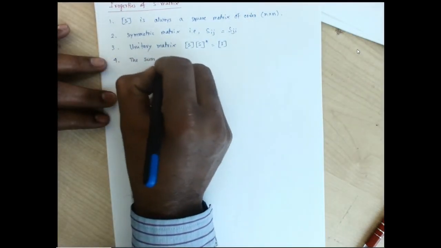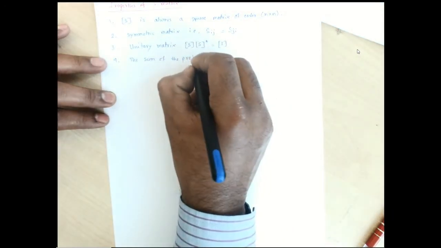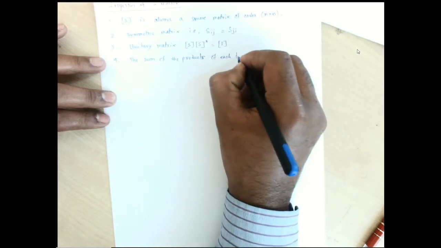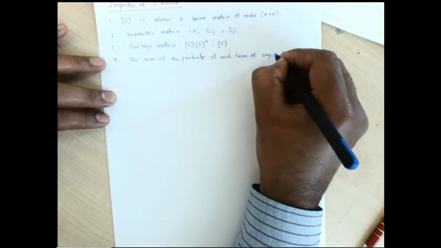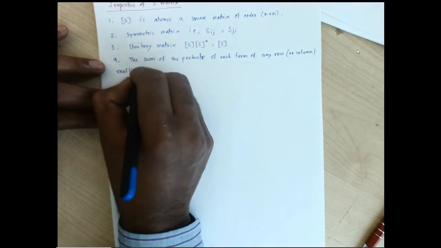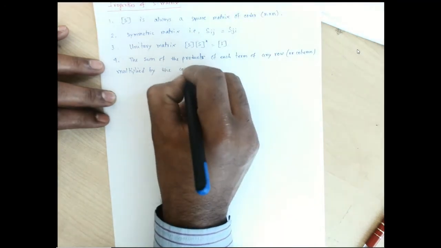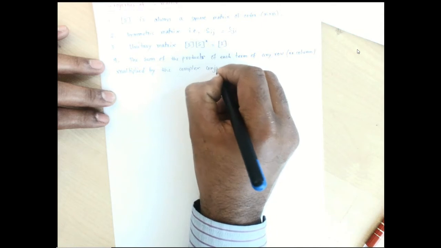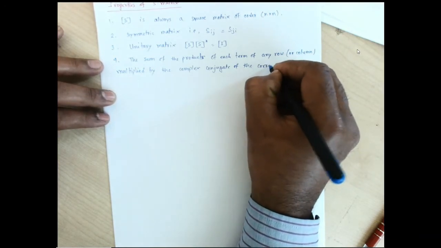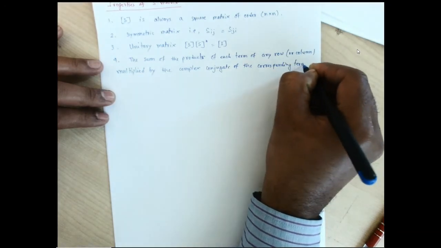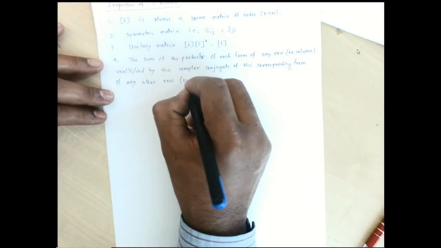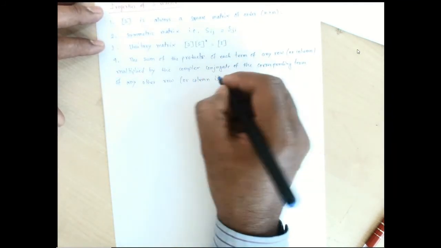The sum of the products of each term of any row or column multiplied by the complex conjugate of the corresponding term of any other row or column is 0.